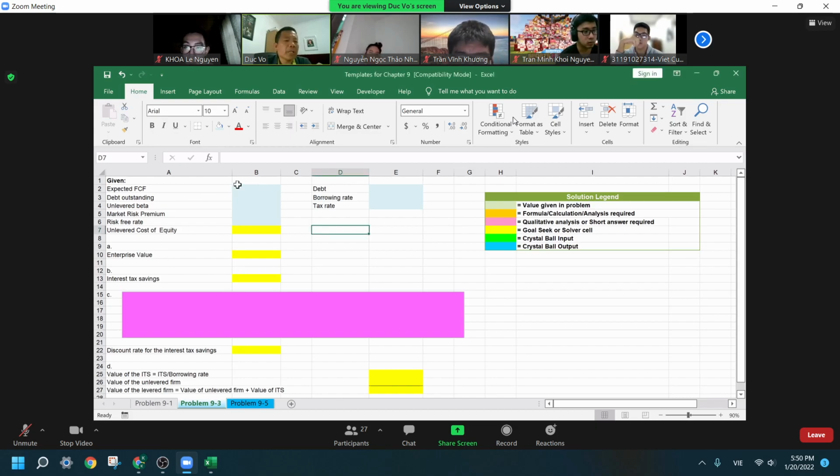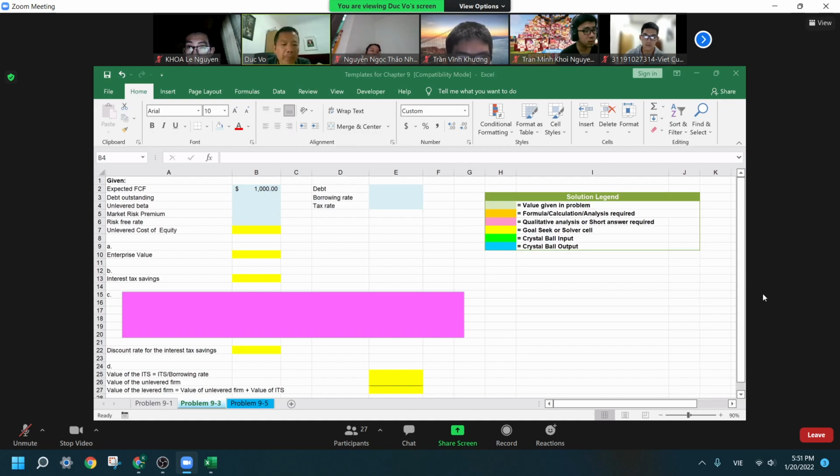Now we say, okay, what is provided? So when you read the question, you can say, okay, the expected free cash flow is 1,000. If you read the case study there, you see that at the moment they haven't borrowed anything yet. Beta, do you think that they provide you beta somewhere?